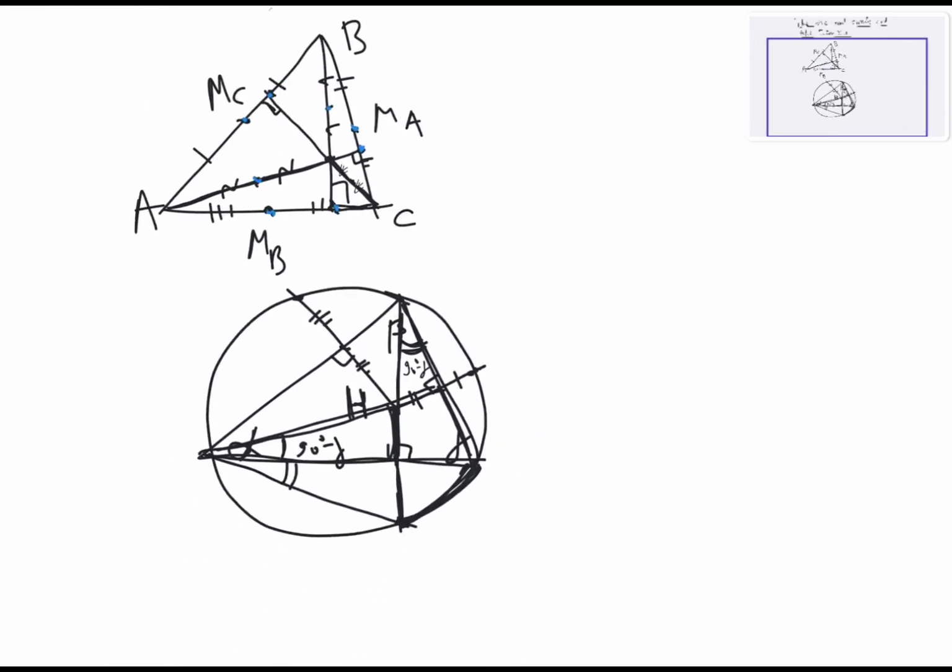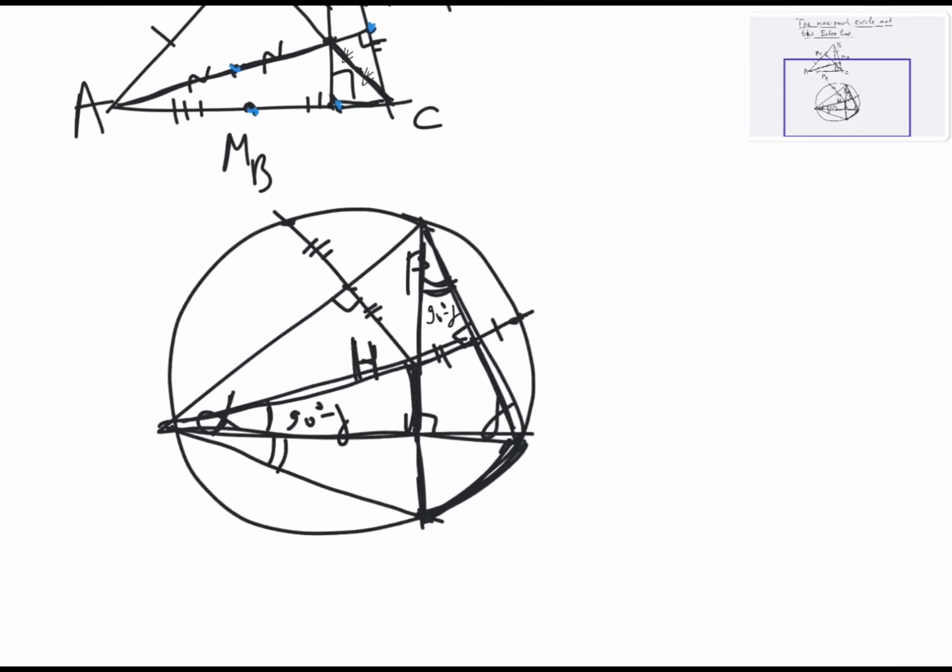So therefore this angle is also 90 degrees minus gamma, and we have that these two angles are equal to each other. We can show on the picture that all three of them are equal to each other.